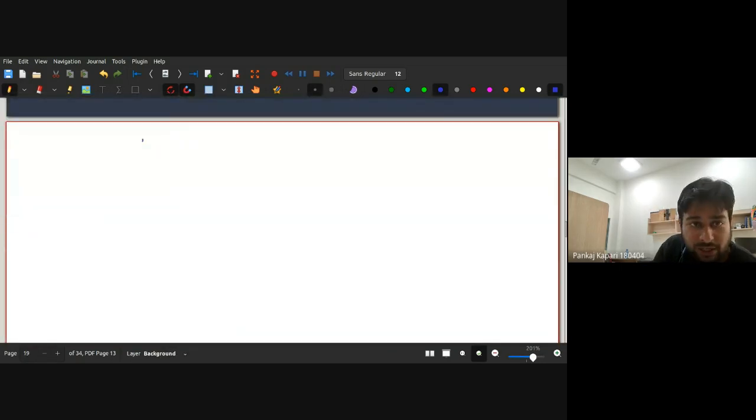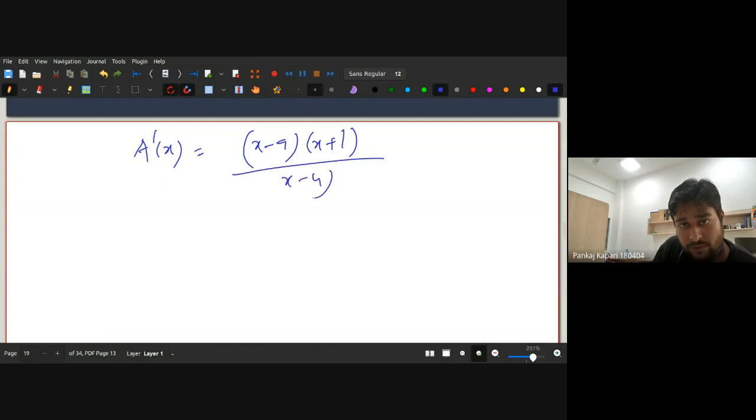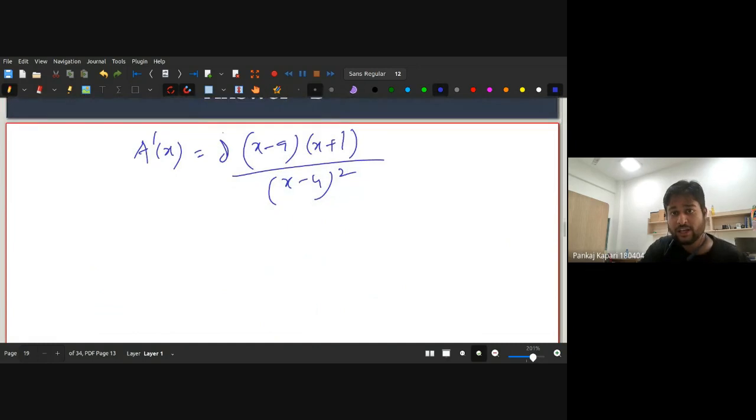Let me write the derivative once again. This is something times (x minus 9)(x plus 1) divided by (x minus 4) whole square, with some factor, some 8. Notice that the 8 and the square will not determine the sign, because 8 is already positive and (x minus 4) whole square is already positive.